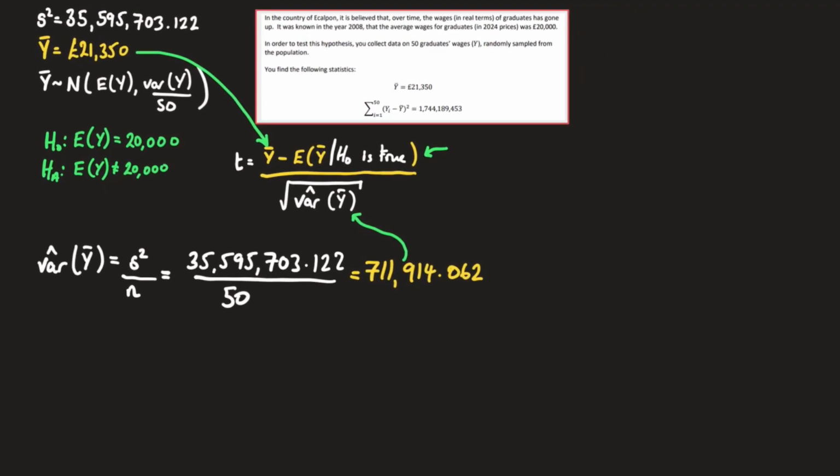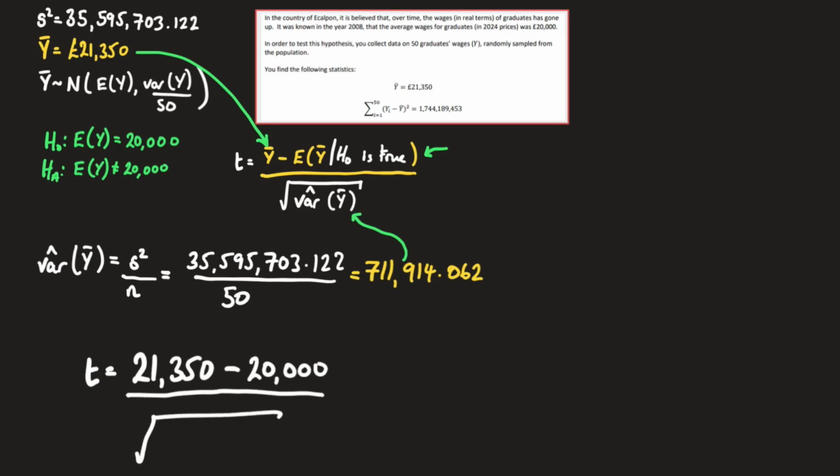So the t-statistic is equal to our estimate, 21,350, minus the hypothesized value, or minus 20,000, divided through by the estimated standard error of the sample mean.